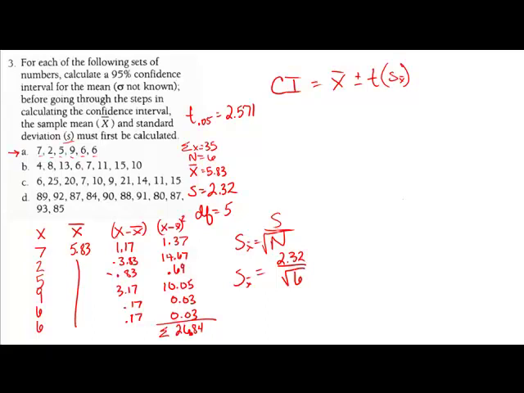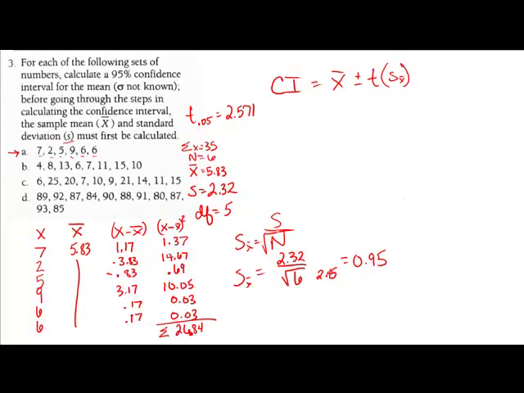The square root of 6 is 2.45. So 2.32 divided by 2.45 equals 0.99469. So let's call that 0.95 if we're going to round.